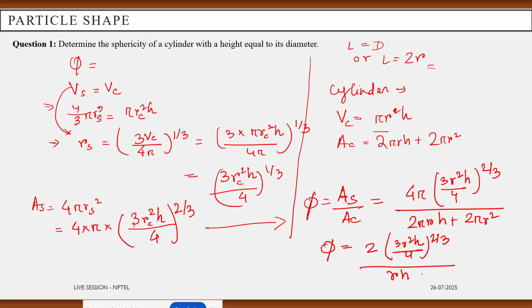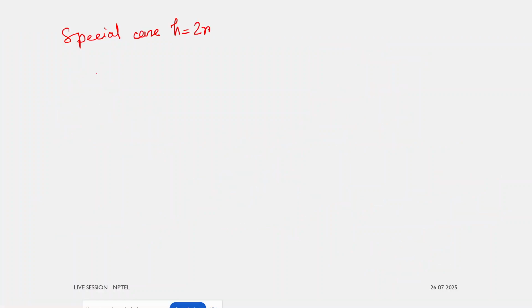For this special case where h equals 2r, we will calculate by the last equation.